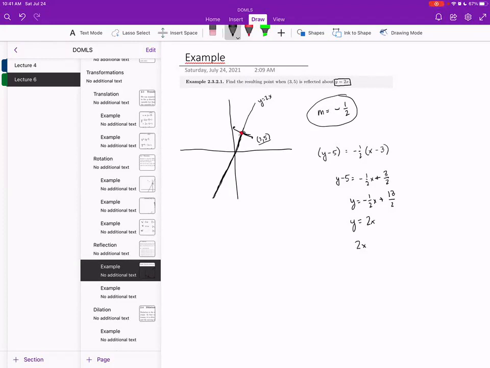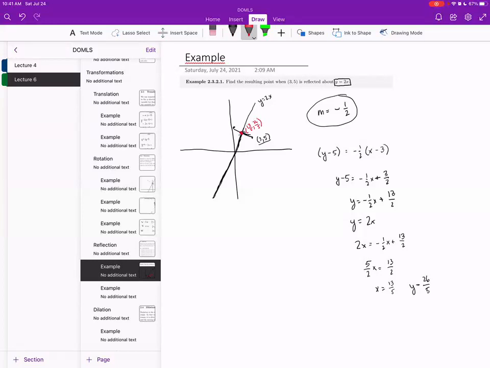So we get 2x equals negative half x plus 13 over 2, which means that 5 halves x is equal to 13 over 2. So x is equal to 13 over 5. Now that we have x, we can simply plug back in to find y equals 26 over 5. So this point is going to be 13 over 5, 26 over 5.